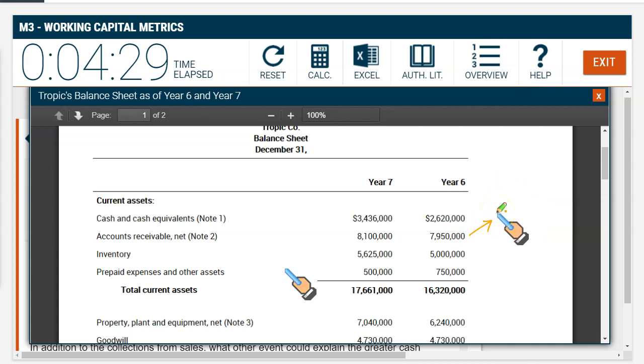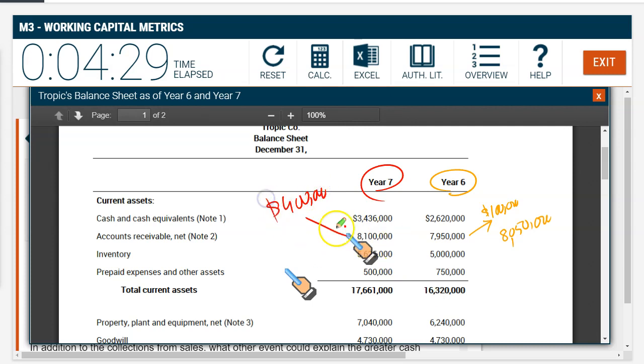The gross receivable in year 6 is going to be 7,950,000 plus 100,000. This was the balance of allowance. So adding this up gives you the gross account receivables of 8,050,000. That was in year 6. What about year 7? The balance was $400,000. So to the 8.1 million you're going to add $400,000.